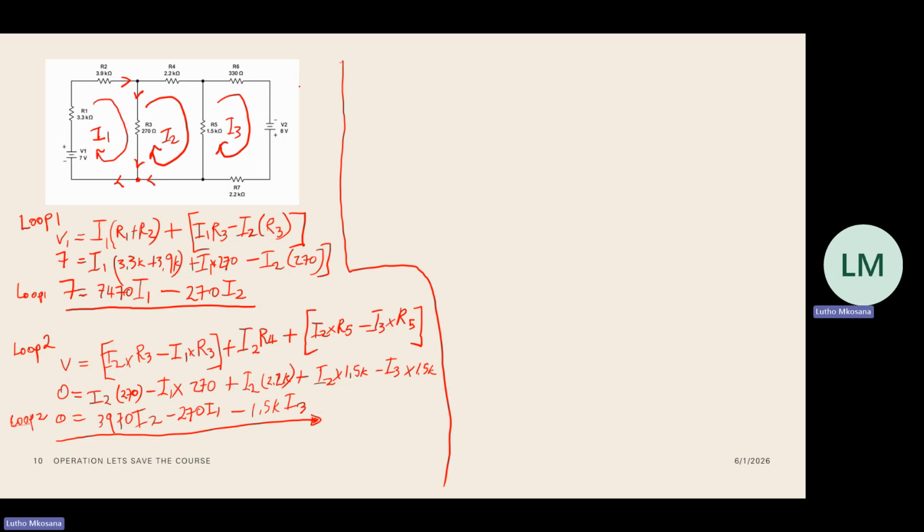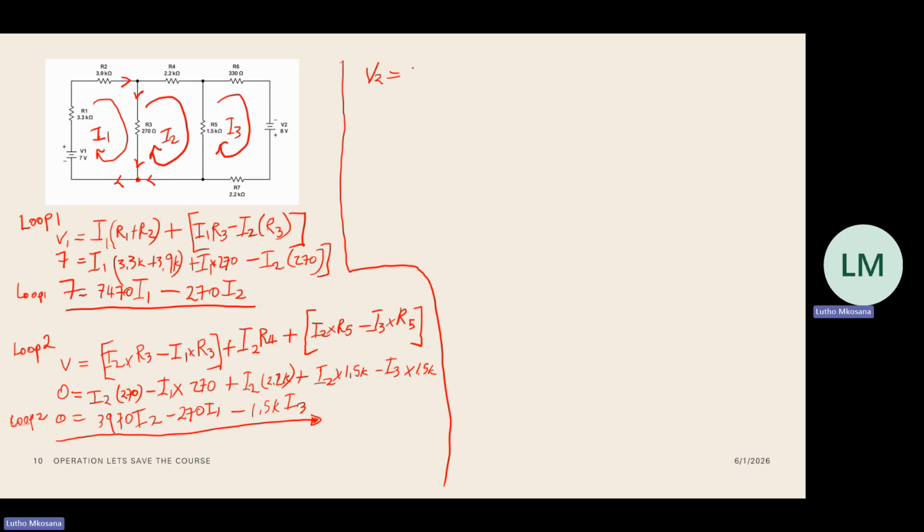Right. So for loop 3, we have that voltage source, which is 8 volts. We have, call it V2, which is equal to the sum of I3. See, I3 is influencing R7 and R6.